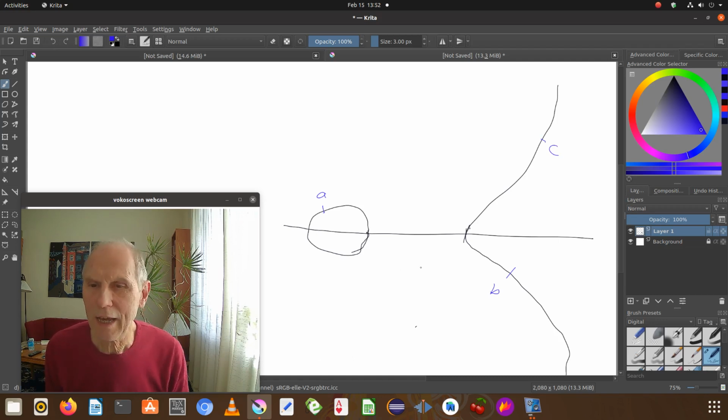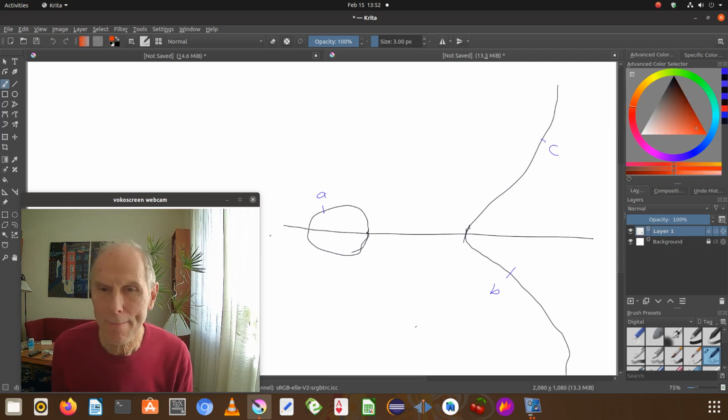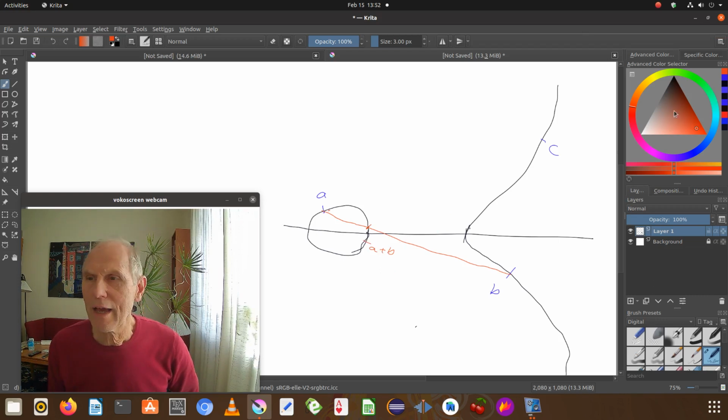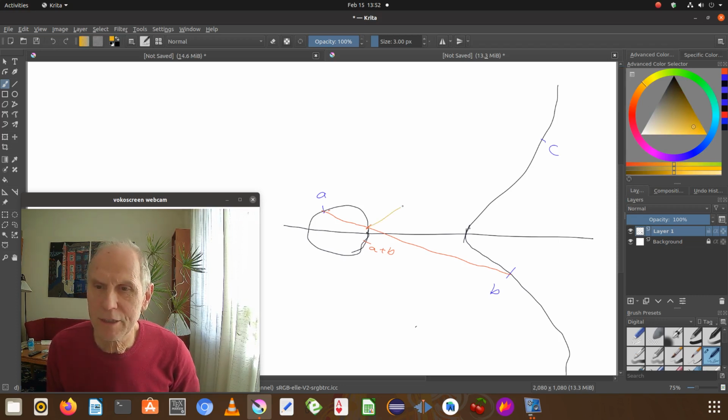Now first we add A and B. It intersects here, so this is A plus B. And then we add A plus B and C. It intersects here, meaning this is the sum.